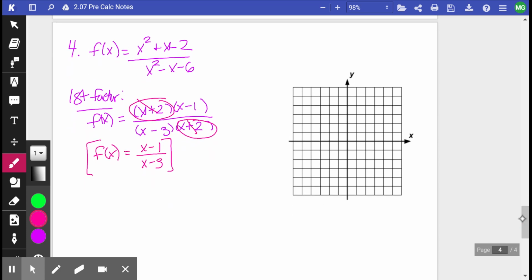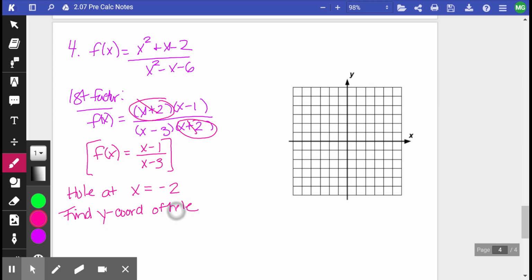Okay, so now whatever we crossed off, so we crossed off the x plus 2's, that tells us we have a hole at the root, so x equals negative 2. So at that hole, I want to actually find the y coordinate, so I only know the x at this point.